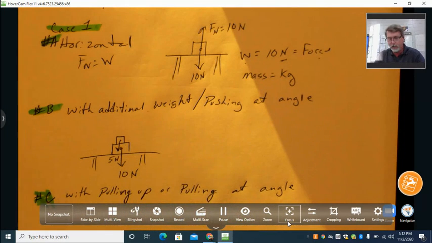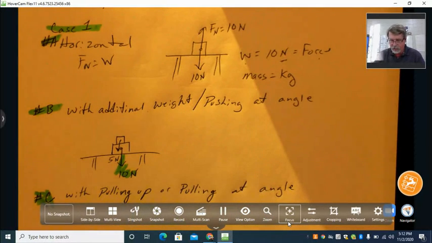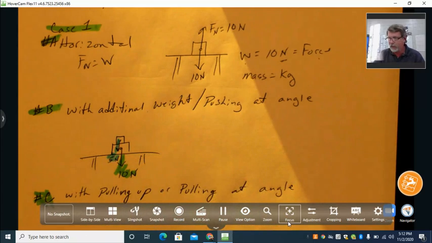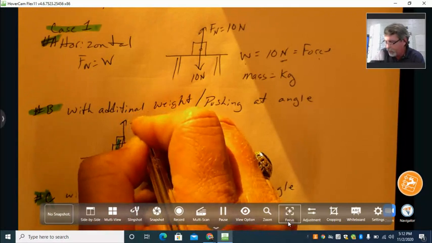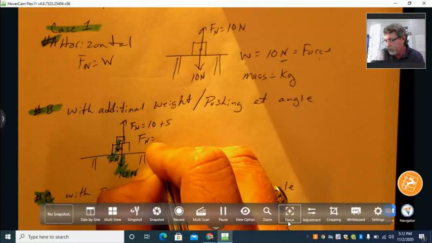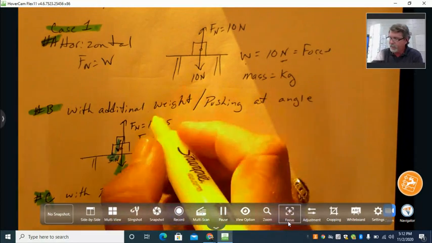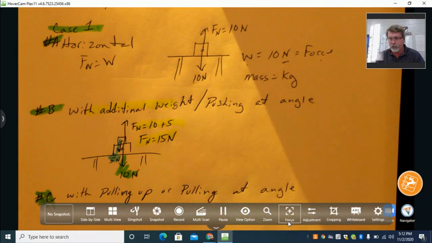So we got 10 newtons, our original box, and then we have a new box that's 5 newtons. So the table must exert an upward force called force normal, and in this case it would be 10 plus 5, or force normal 15 newtons. Okay, so now when you have an object that has additional weight, you would add that, and the force normal would increase.